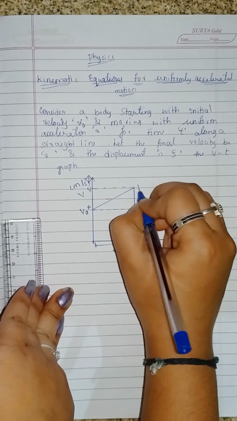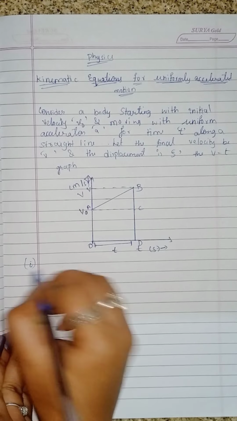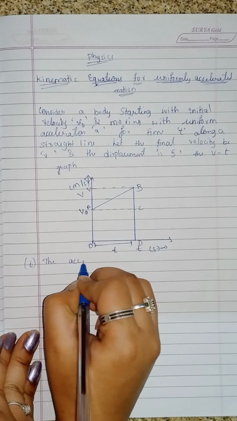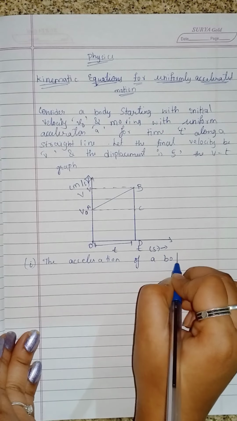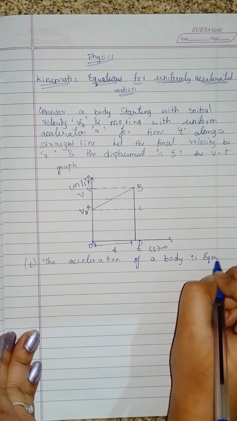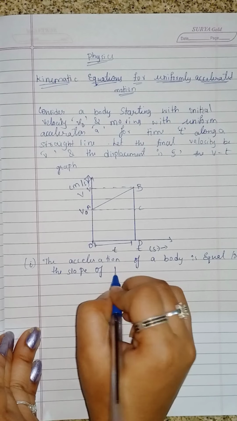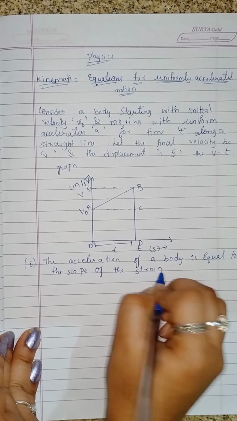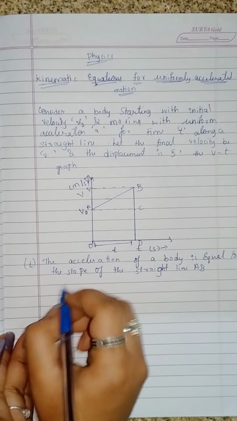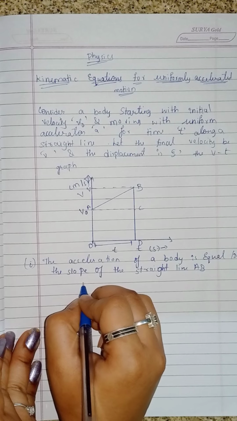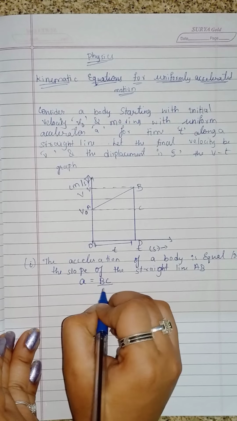So let's consider points a, b, c, d, and this is the origin. First we know that the acceleration of a body is equal to the slope of the straight line AB. That is, acceleration is equal to slope of AB, which is BC by AC.